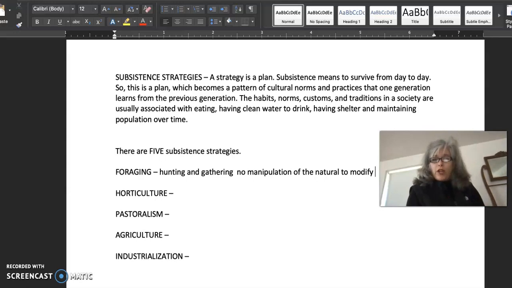So foraging is the primary subsistence strategy that got human beings to survive for 40,000 years before there was any other type of evidence in the archaeological record that human beings had started modifying their environment in order to manipulate a food supply. Foraging cultures are what we call egalitarian.